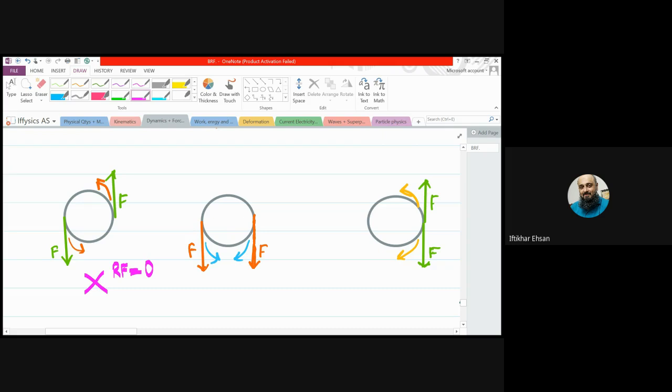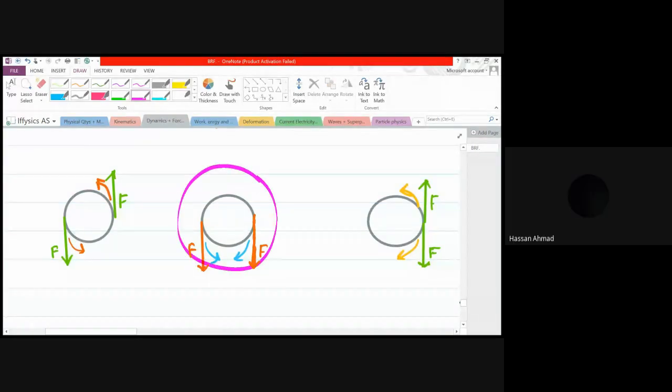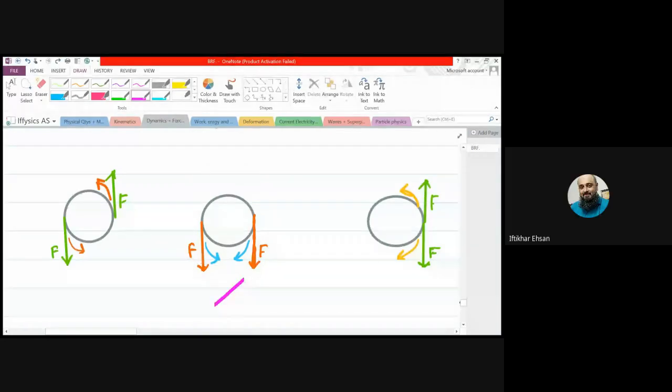What about the second one? Is this in equilibrium? Yes or no? Yes, sir. No, it is not in equilibrium. Why? Because the clockwise and anti-clockwise moments are equal to each other, but both the forces are in the same direction.